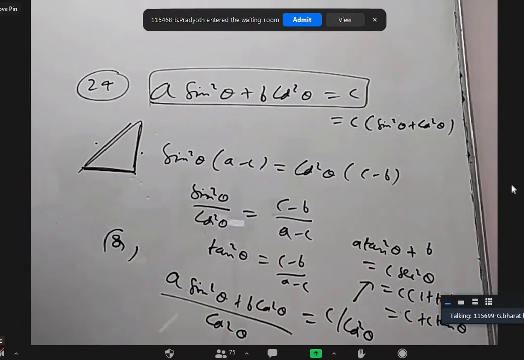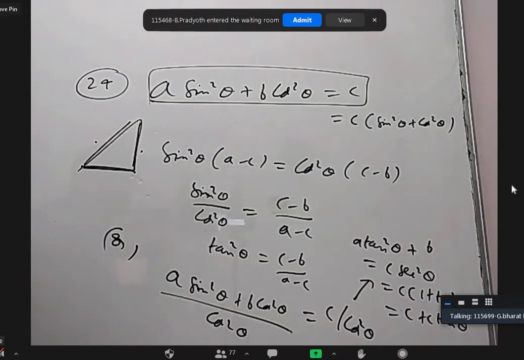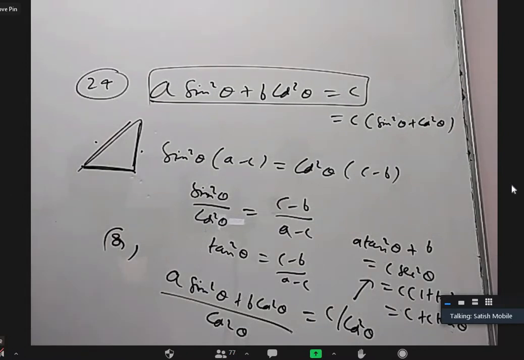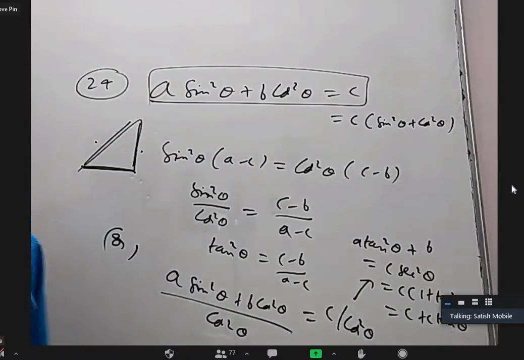Sir, actually sin square theta is equal to 1 minus cos square theta, no, sir? Yes, correct. So we can substitute the value in the equation, sir. So we get cos square theta. Yeah. Mukul said convert everything into sine. You are saying convert everything into cos. Yes, something like that. So either we will get sin square theta or cos square theta.